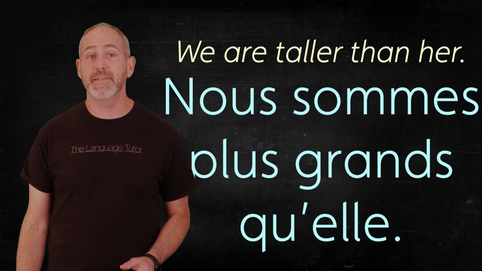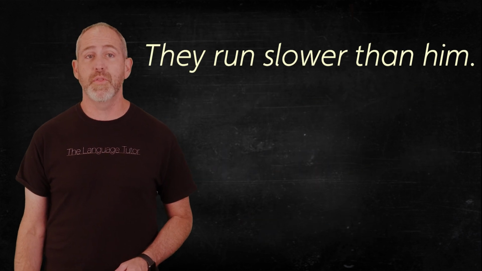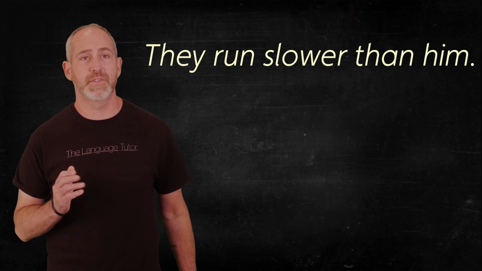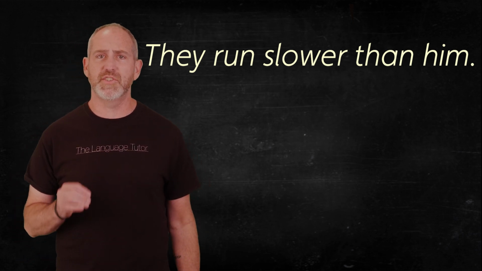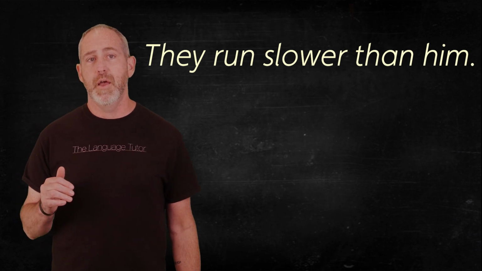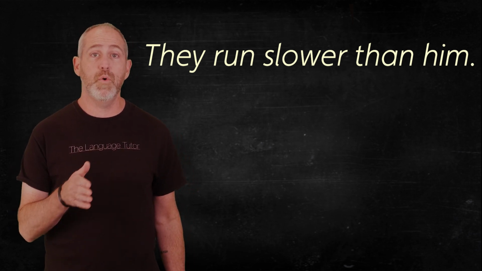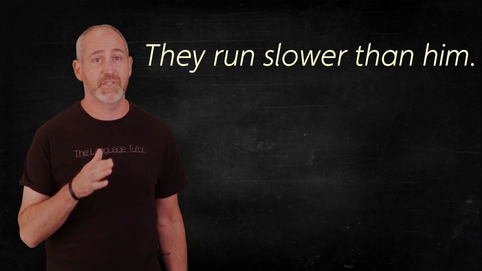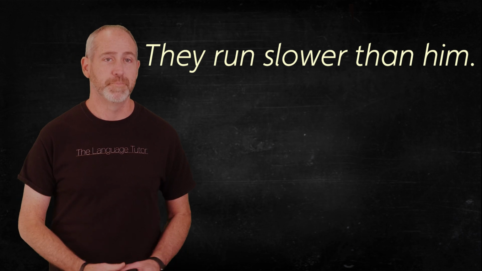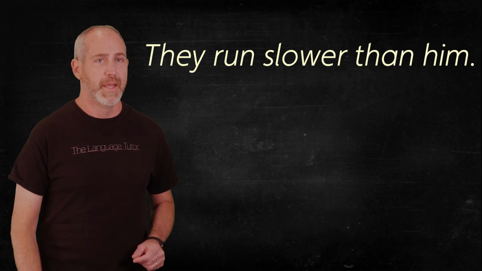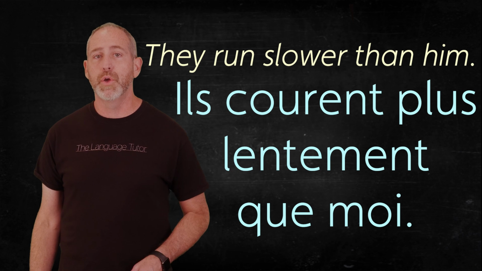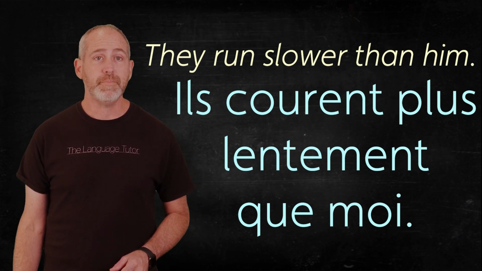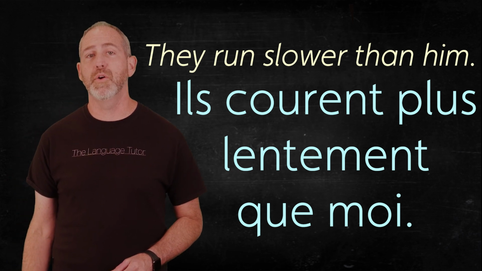Now, the next one is they run slower than him. Now, I want to show you two ways to do this, okay? Because when we say slower, we can say more slow than me, or we can say less fast than me, or less quick than me. So let's look at both. First is il court plus lentement que moi.